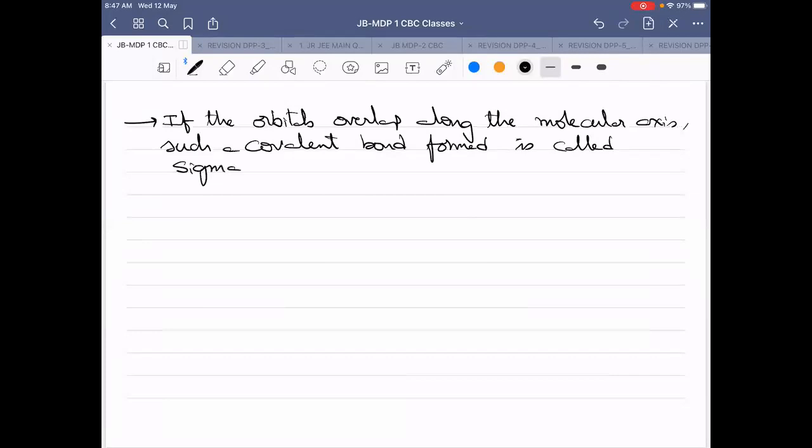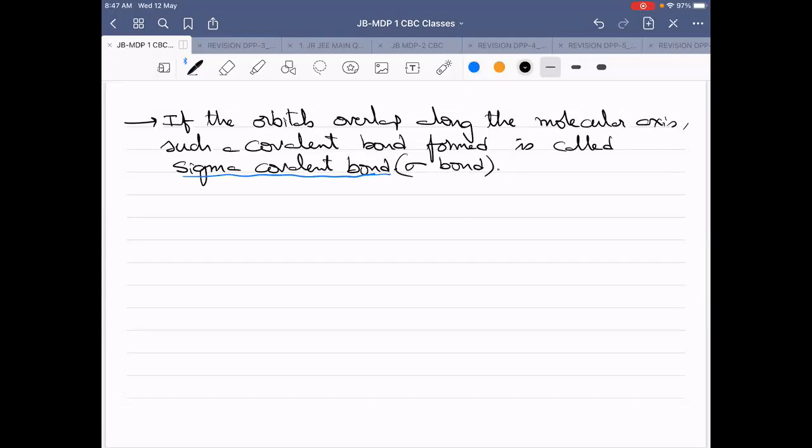Very important, sigma covalent bond, or in short, sigma bond also you can say. And this is denoted by the symbol sigma.